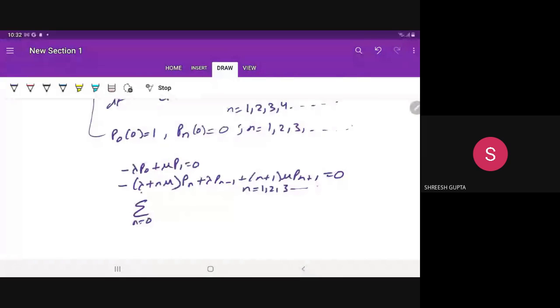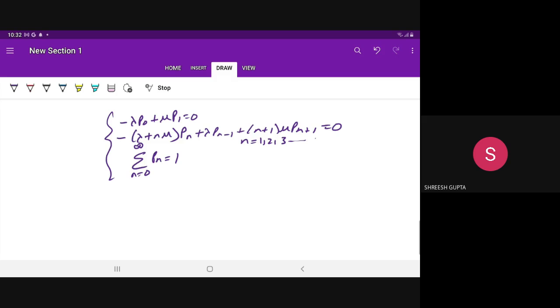With normalizing condition summation n is equal to 0 to infinity pn is equal to 1. So this is the steady state system of equations for the self service model.